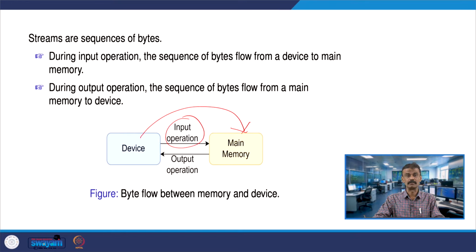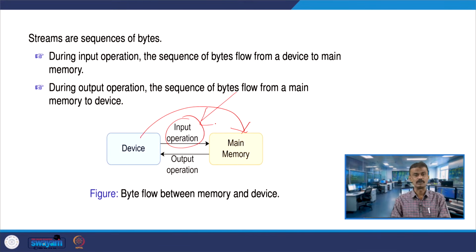Any text will be stored in some memory location, even the complete file. When I am reading line by line, the sequence of bytes is flowing from a device to main memory. That is the case of the input operation.